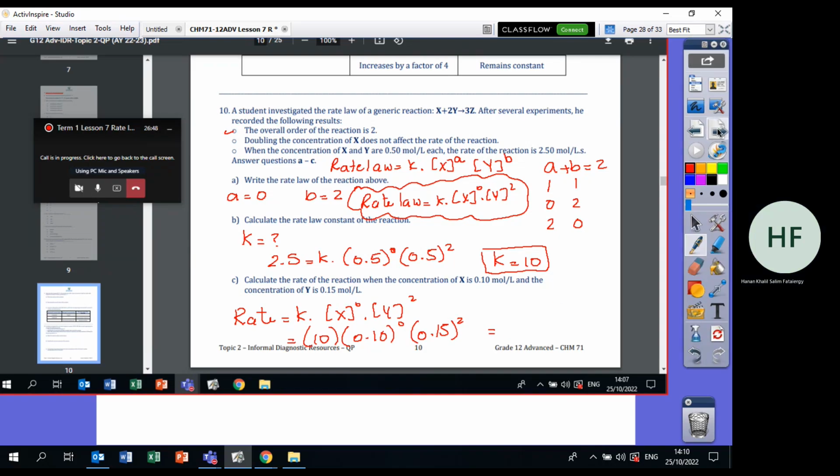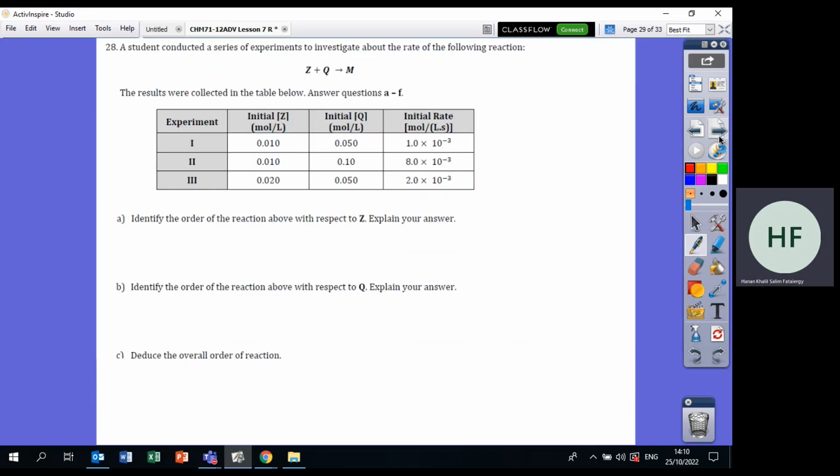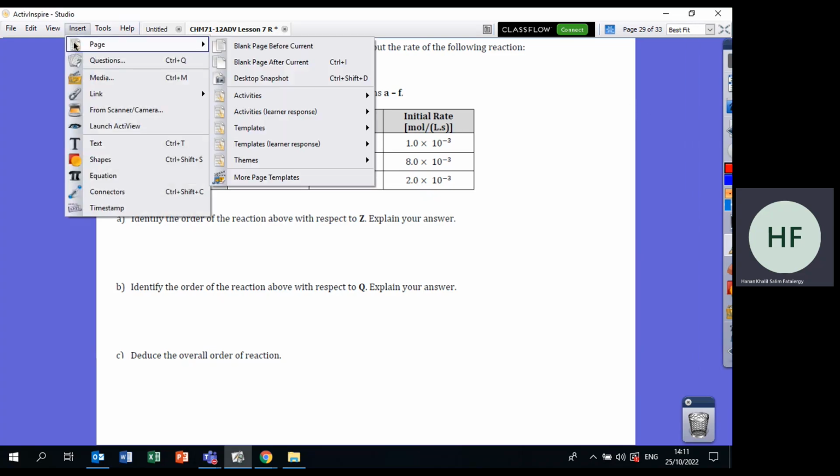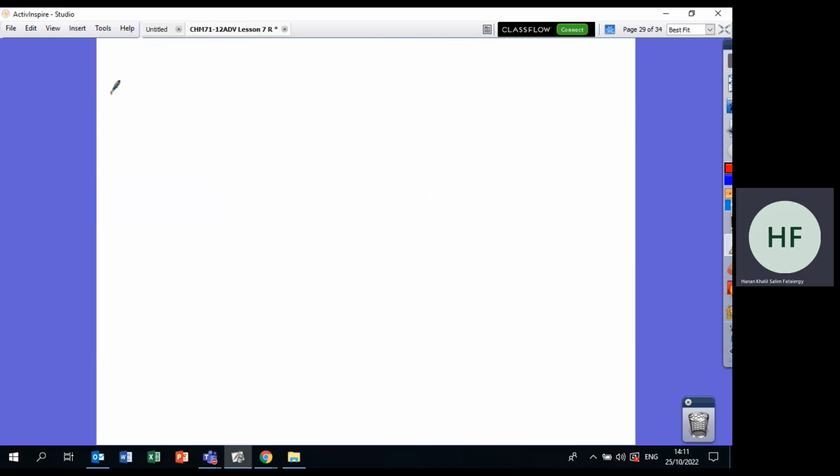Okay, now this is another way to find the rate law. In some questions, the rate law will be given, like they will say the rate is equal to K times A squared times B power 3. Now, in this case, this is a very easy question.